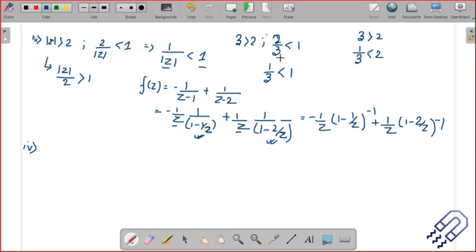You got this now? Is it clear? See, 3 is greater than 2. That means 2 by 3 is less than 1. You can check the value, right? 2 by 3 is 0.666 and so on, it will be less than 1. So if 2 by 3 is less than 1, 1 by 3 is definitely going to be less than 1. You getting it?